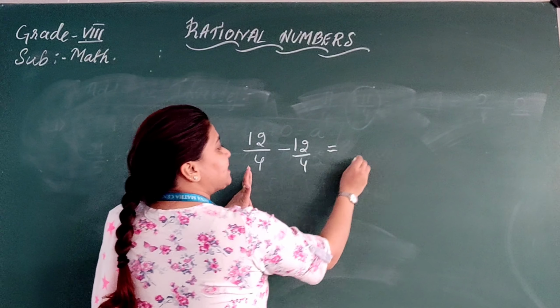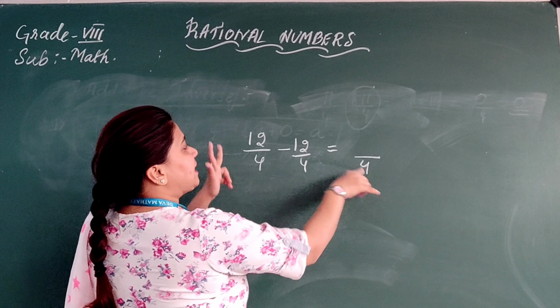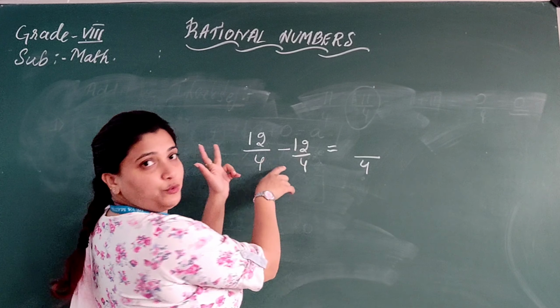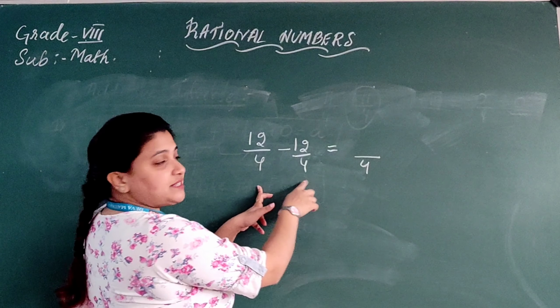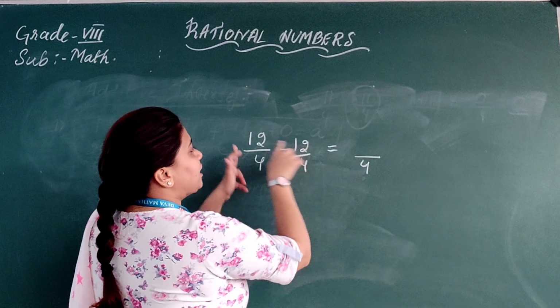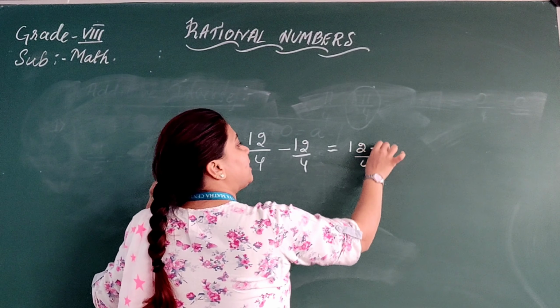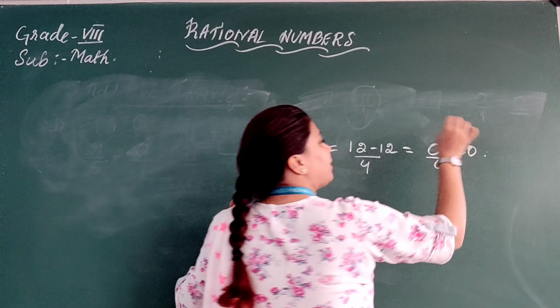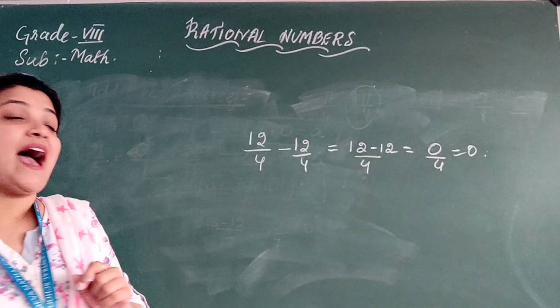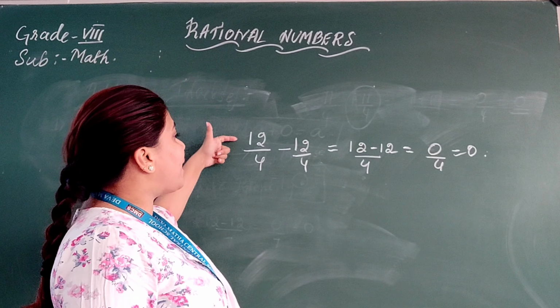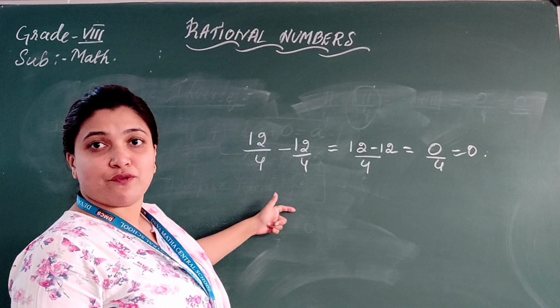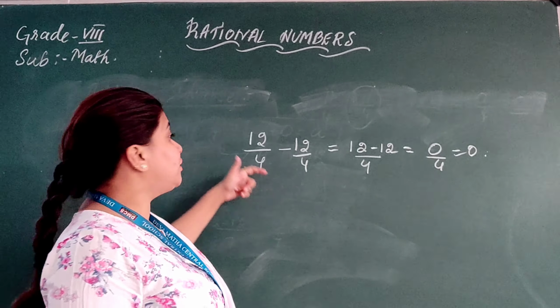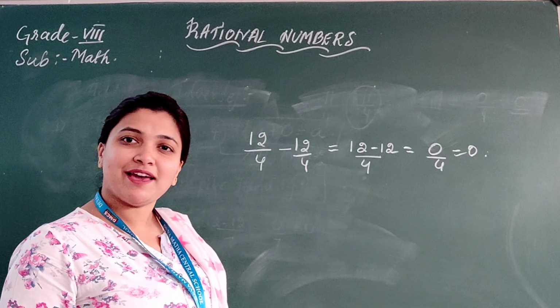Because my denominators are same, so I will write it as it is. So 12 minus 12 is nothing but 0 by 4, which is 0 again. So therefore, the additive inverse of 12 by 4 is minus 12 by 4, or the negative of the number 12 by 4 is minus 12 by 4.